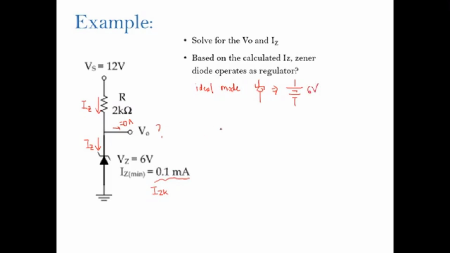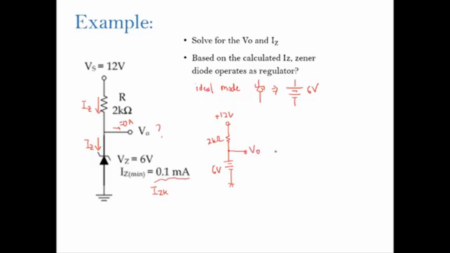So here you can redraw this one. This is 6 volt, this is positive 12 volt, this is 2 kilo ohm, and then at the middle we measure the V out.